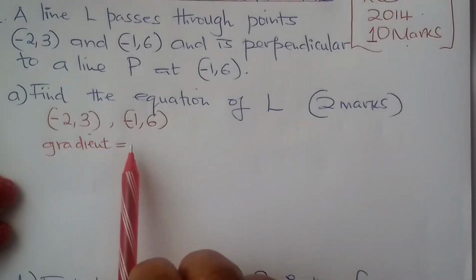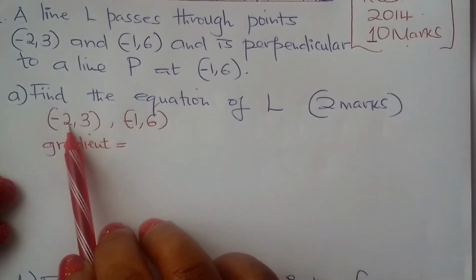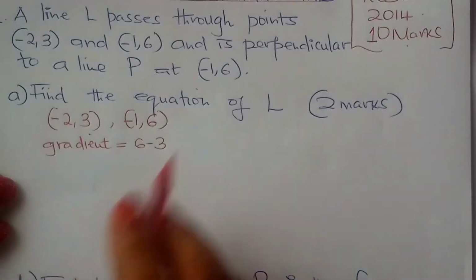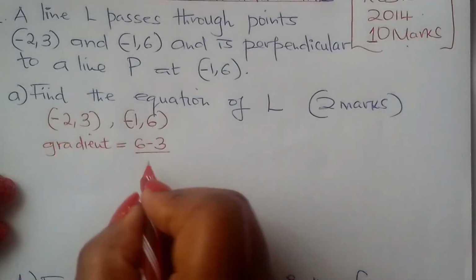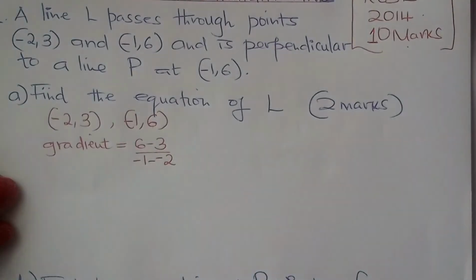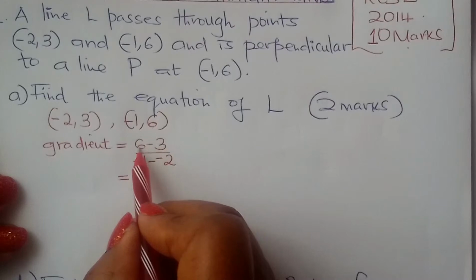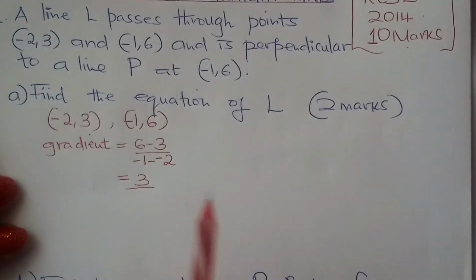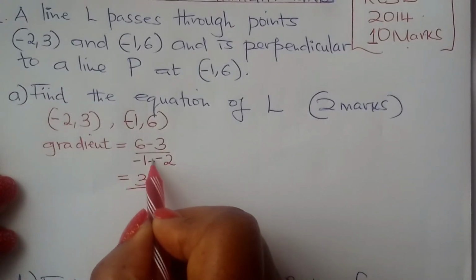We know that the gradient of a line is got by change in y over change in x. So we write 6 minus 3 divided by -1 minus -2. 6 minus 3 is 3, divided by -1 minus -2.